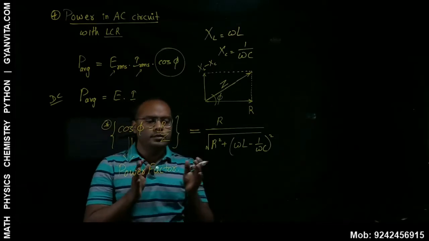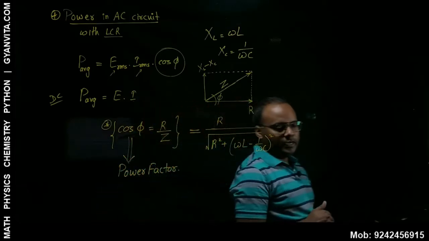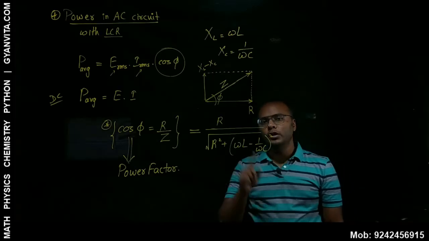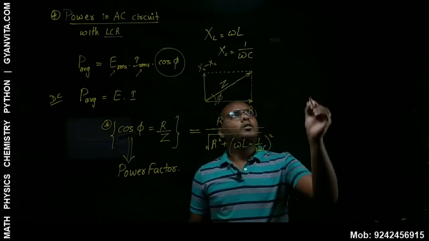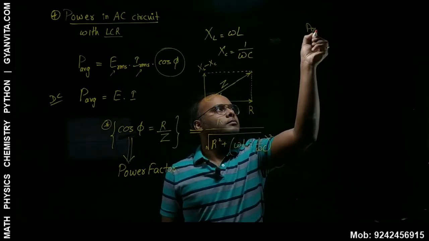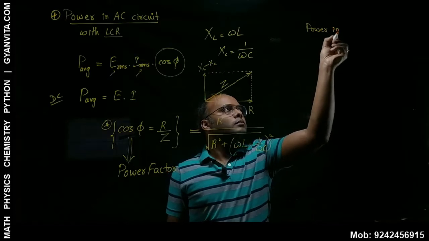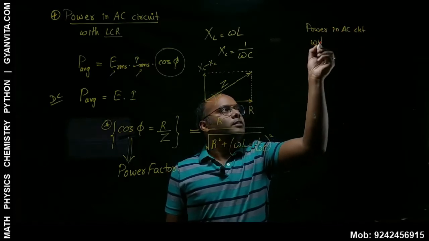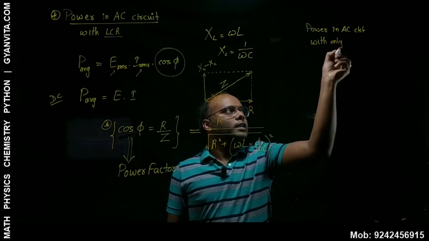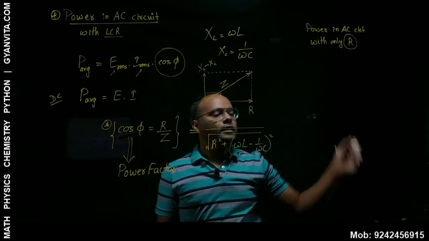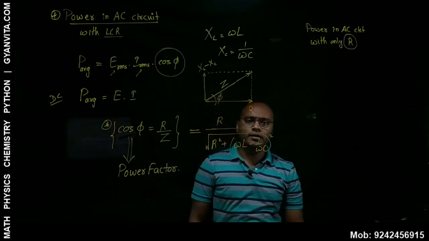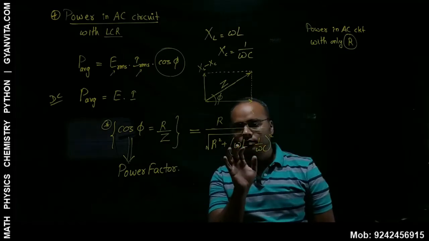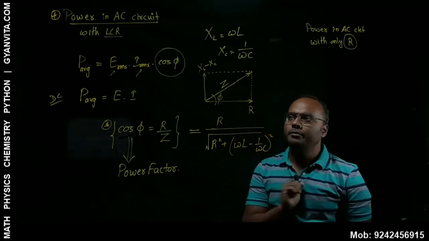Now let's see a special case for this, that is, the situation in which there is only R in the circuit: power in an AC circuit with only R. That is, there are no other circuit elements, no inductor, no capacitor.